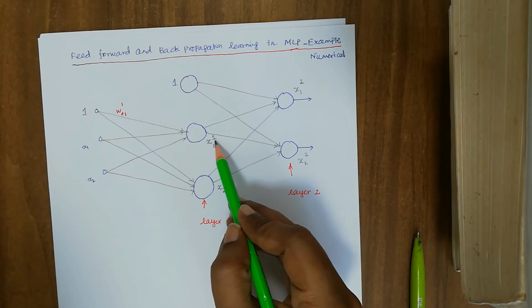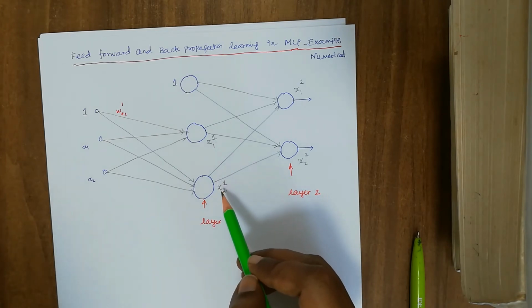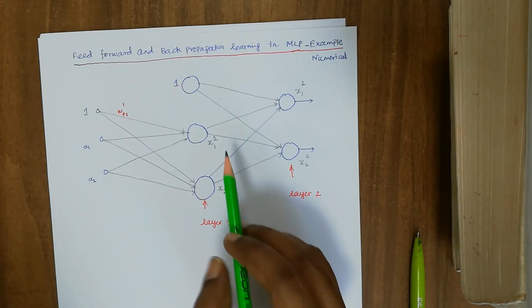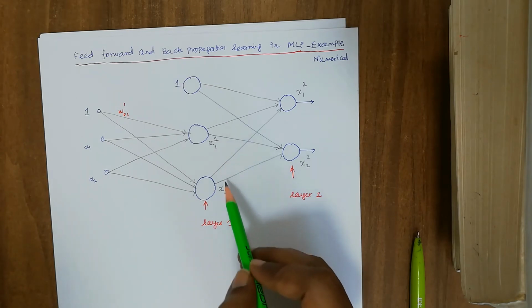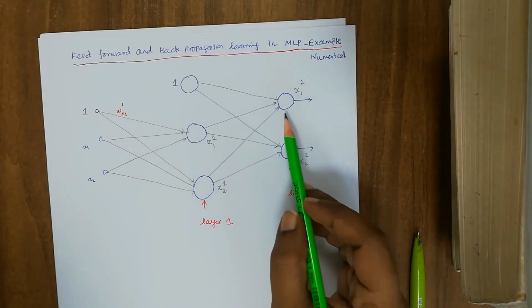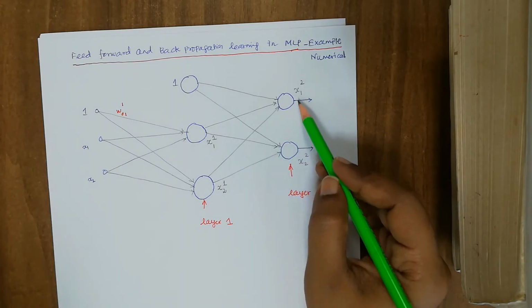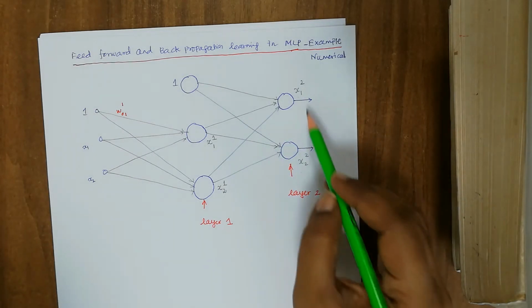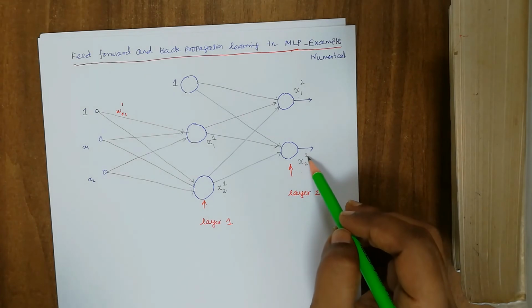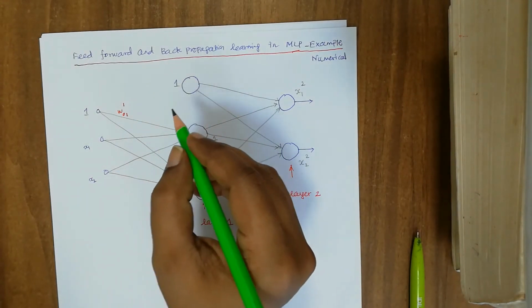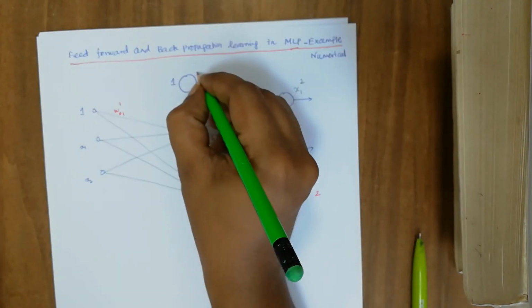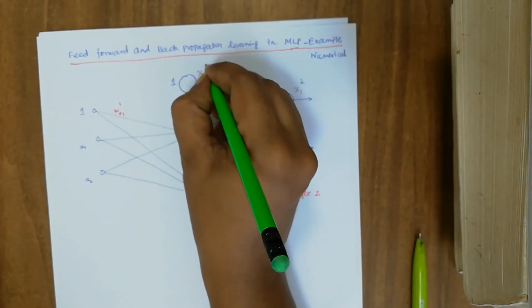Okay, so this is the first neuron and this is the first neuron, this is the second neuron, whereas the superscript denotes in which layer it is. Similarly here there are two neurons, x1 and then x2, and which layer is it in? Layer 2, that is denoted in the superscript. As well as we can write here the bias as x01.